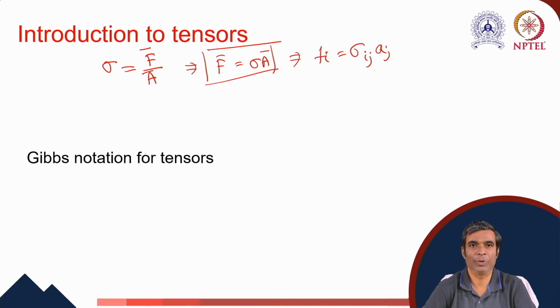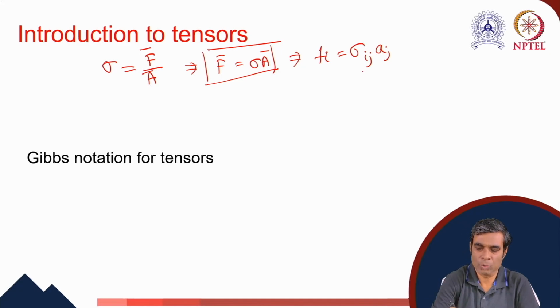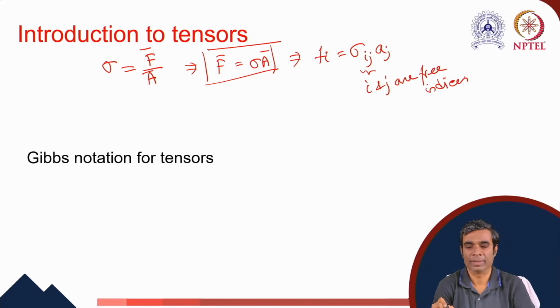These V1, V2, V3 can be components in Cartesian coordinates, cylindrical polar coordinates, spherical polar coordinates or any such coordinate system. Here sigma is a stress tensor having two independent indices i and j. We say that i and j are free indices, and because of that sigma is a second order tensor.